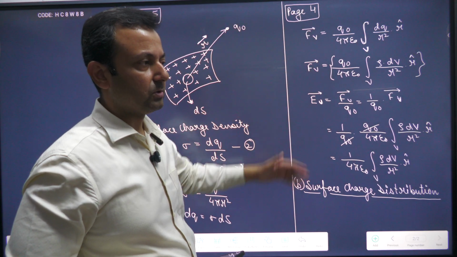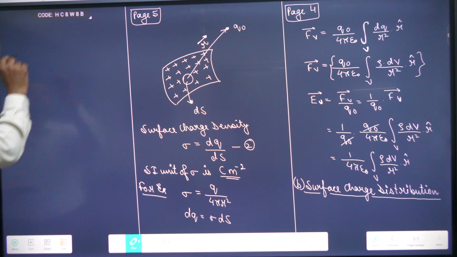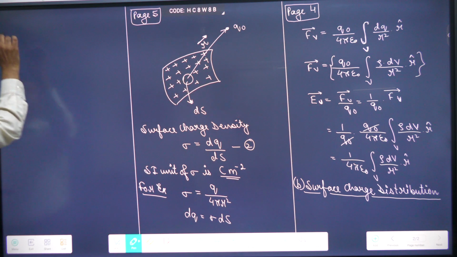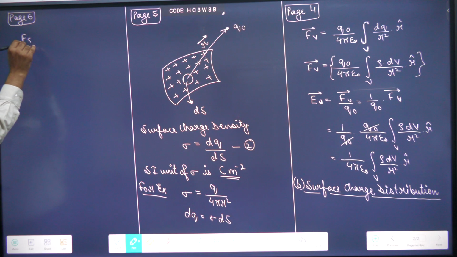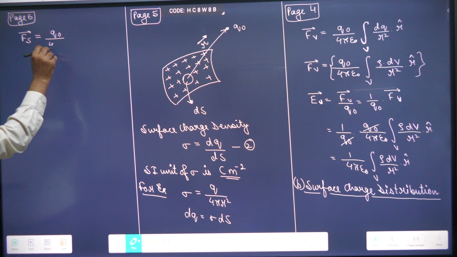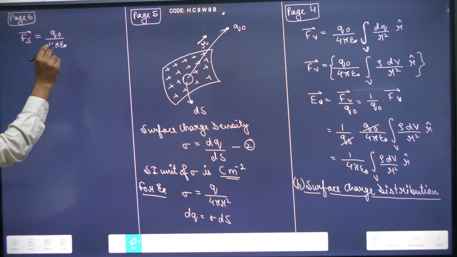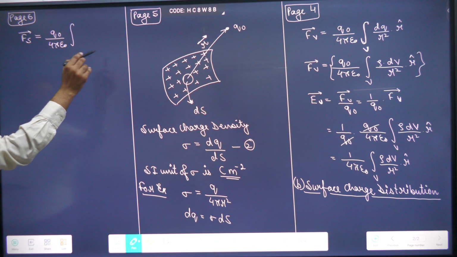Now I will talk about the force due to surface charge distribution. Fs vector is q naught upon 4 pi epsilon naught, and in the same way we will write the integration sign here.